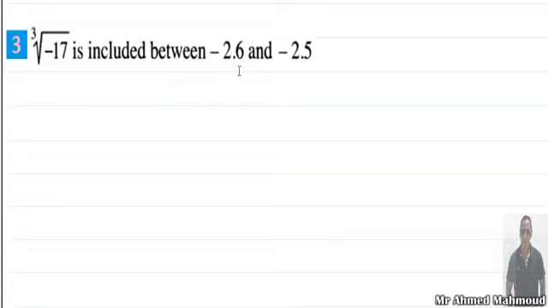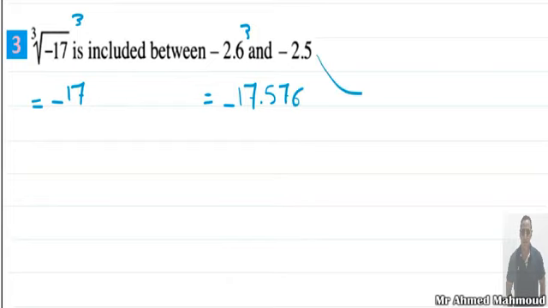Okay, now I'm going to raise the three numbers to the power of 3. This one to the power of 3 equals negative 17, and this one to the power of 3 equals negative 17.576, and this one to the power of 3 equals negative 15.625.